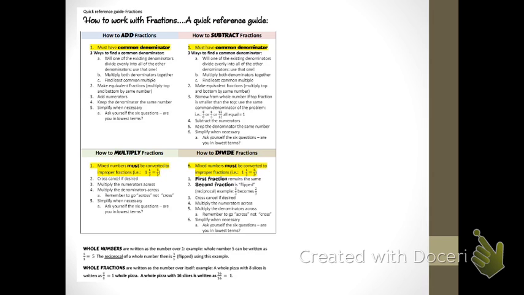And let me say that with division, as you know, we don't actually divide. We make it multiplication by flipping the second fraction. That's called the reciprocal. You never want to flip the fraction if it's a mixed number until it's been converted. So keep those things in mind. And then let's work on some examples from the pack.